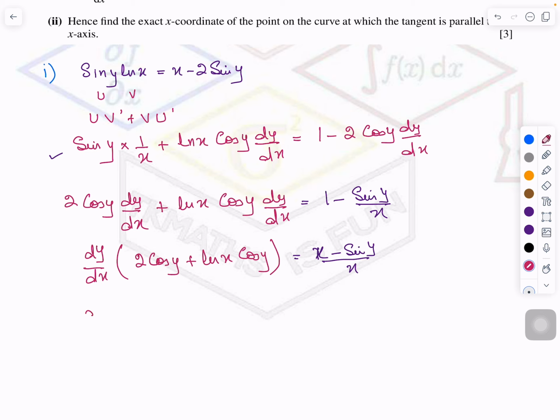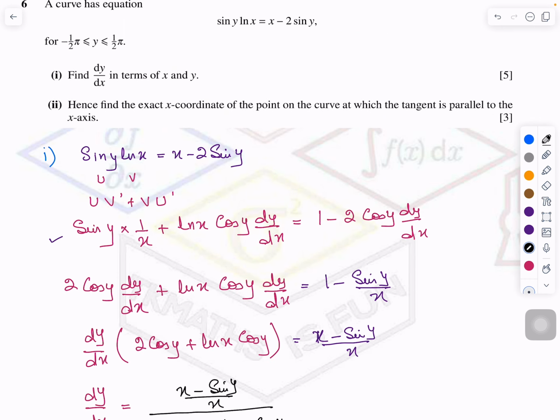And then I will cross multiply, right? So I will have x minus sine y upon x divided by 2 cos y plus ln x cos y. Now I got my derivative function here.